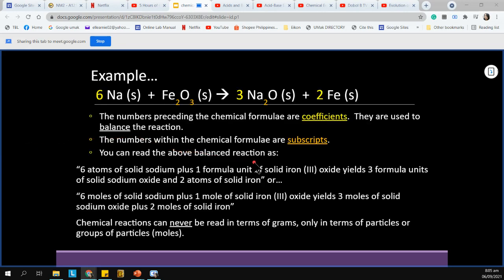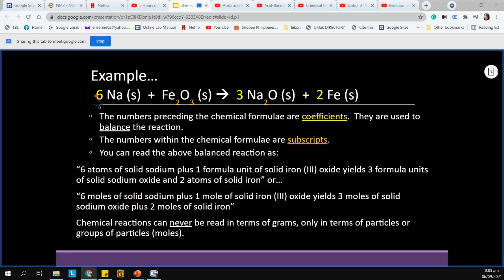So here is another example wherein you're seeing the coefficients and the subscripts. Here you will notice you have 6 Fe2O3, then 3 Na2O, and then 2 Fe. If you're going to read this equation, these are actually the sample scripts that were given.